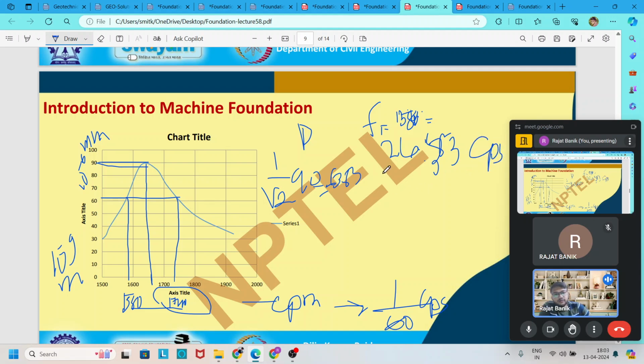But we don't need this conversion, directly use this. So F1 we find from this graph is 1580. F2 we find from this graph is 1740, and Fn from this graph is 1650.